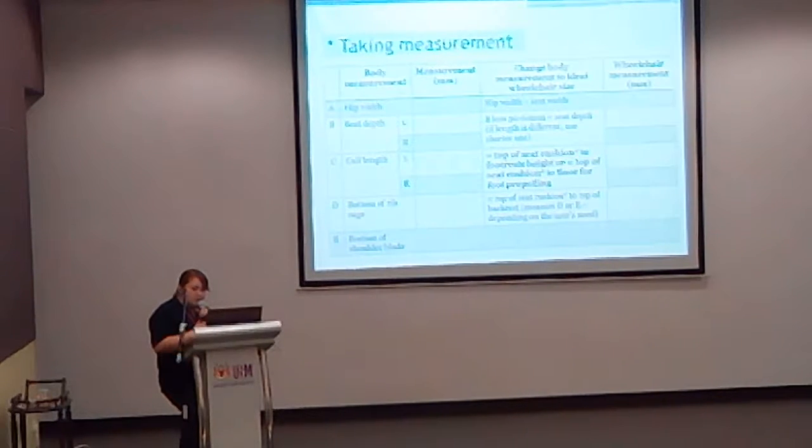Okay, so taking measurement, this is the standard measurement that we will measure for the wheelchair user lah. So mainly we will use the measurement tape yang macam ni lah, yang besi punya kan. This is better equipment, okay.